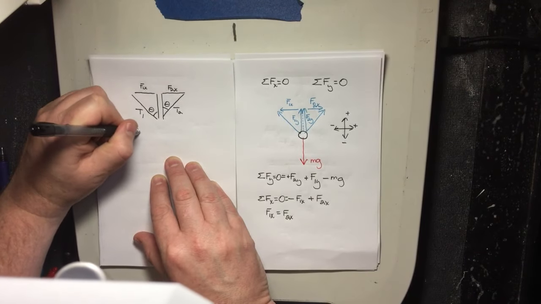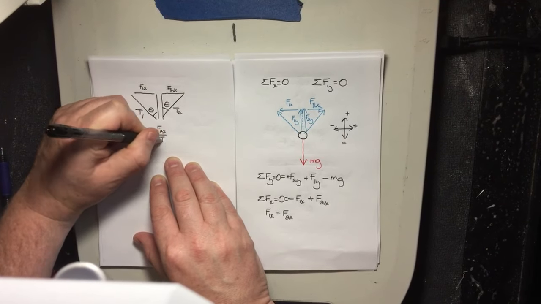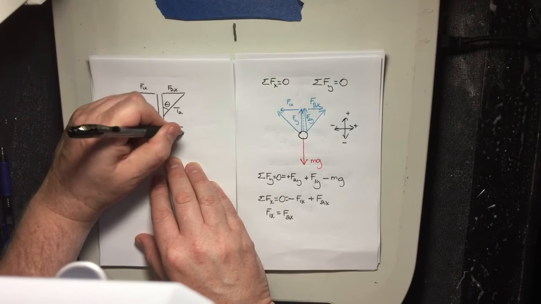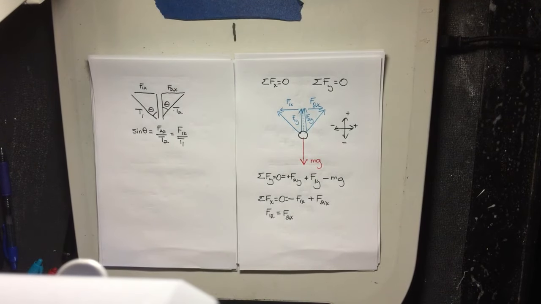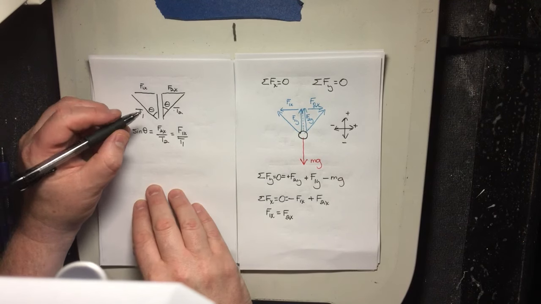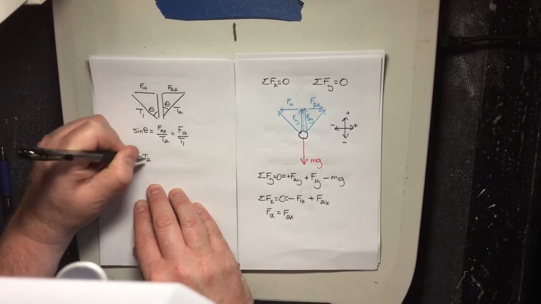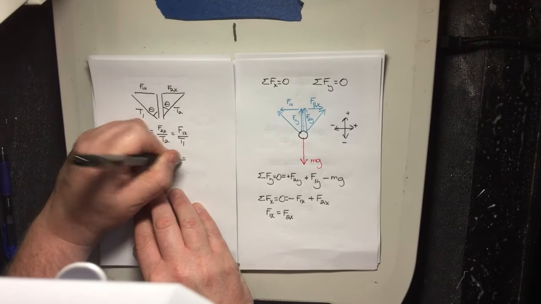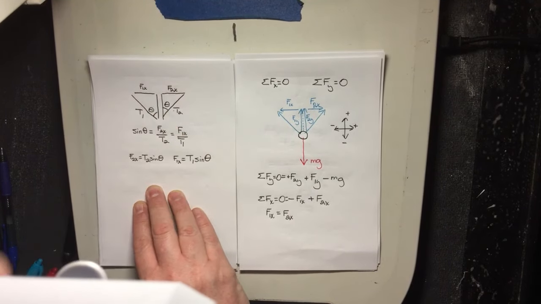So sine theta is equal to F2x over T2, opposite over hypotenuse, and it's also equal to F1x over T1. So F2x is equal to T2 sine theta, and F1x is equal to T1 sine theta.